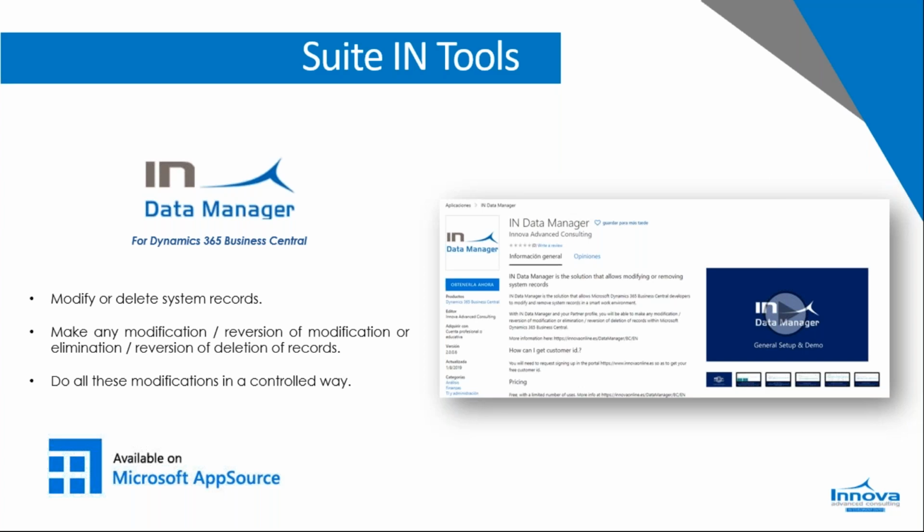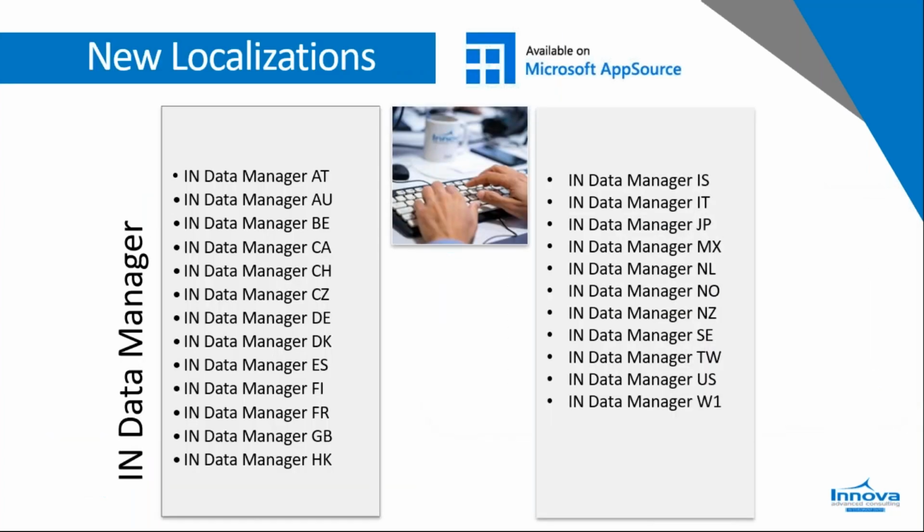So as a firm, we have developed a solution for each language, which is available in AppSource. And these localizations function as follows. They are all a different application with different app IDs, but they depend on a general application, which is inData Manager. This means that if we have the Spanish version of the solution, but we don't have the generic application installed, it won't work.